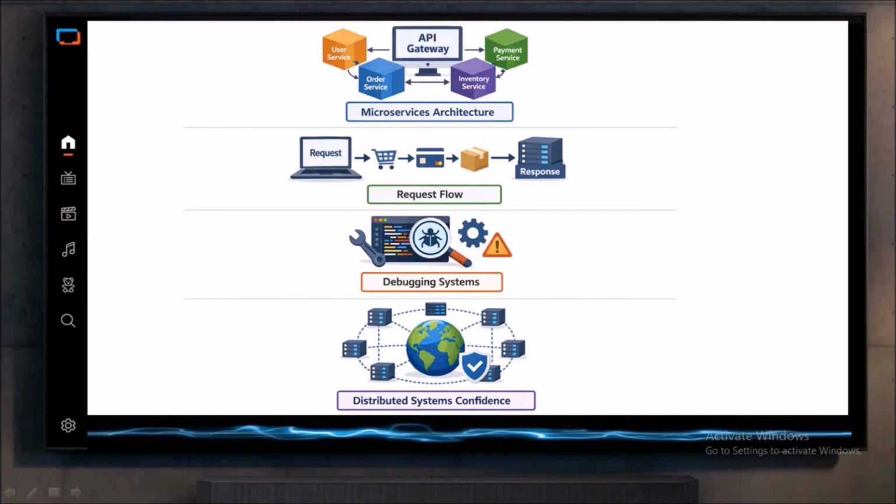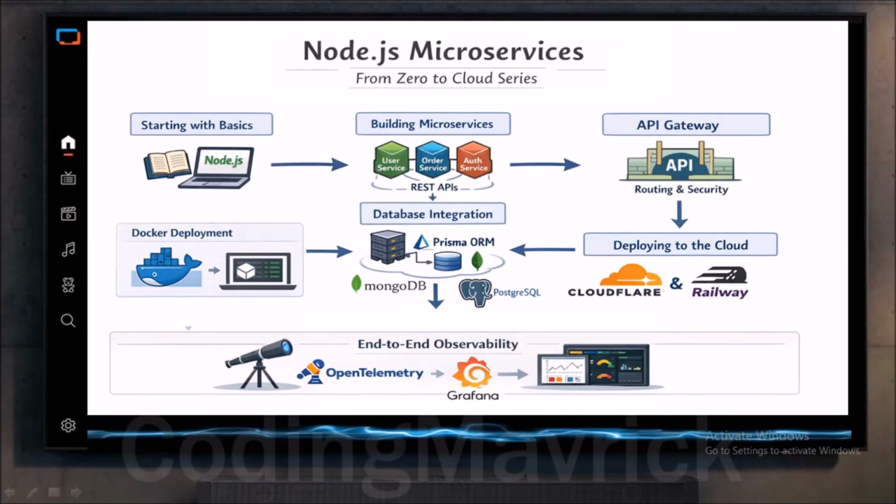This is the same foundation used in modern cloud-native platforms like fintech systems and large-scale enterprise architectures. I hope this series would help you to enrich your expertise on Node.js microservices.